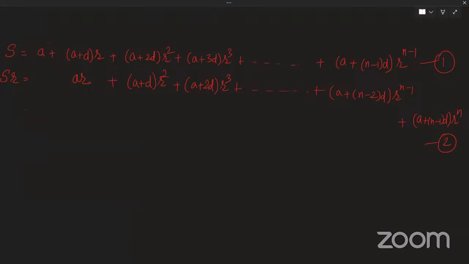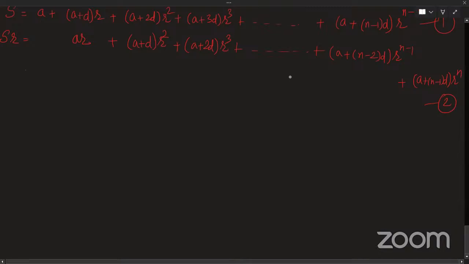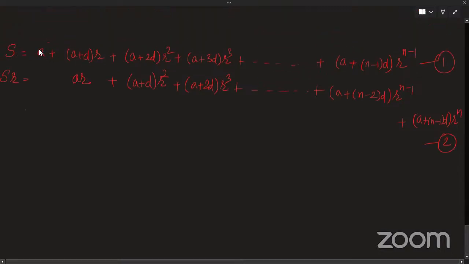(A plus d) into r squared. So I'm just shifting it by one term ahead. Ideally I should have written Ar just below it, but I am writing it one term ahead.